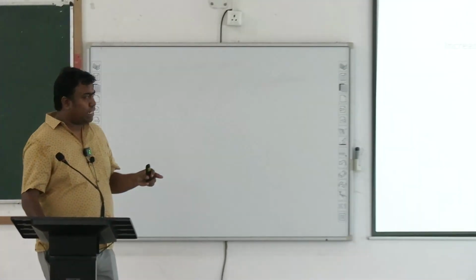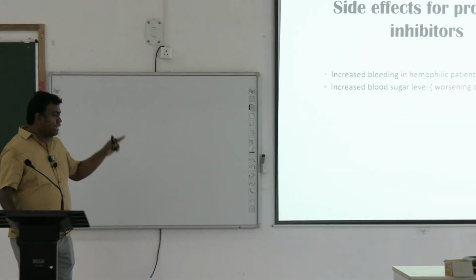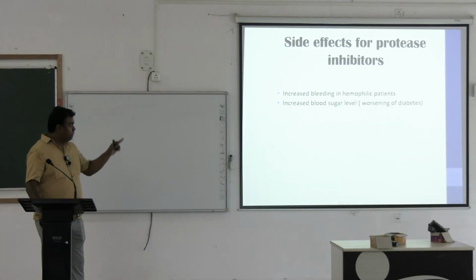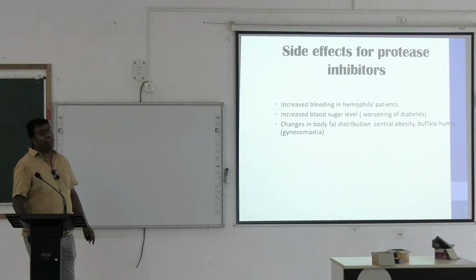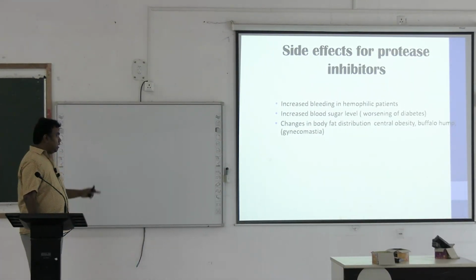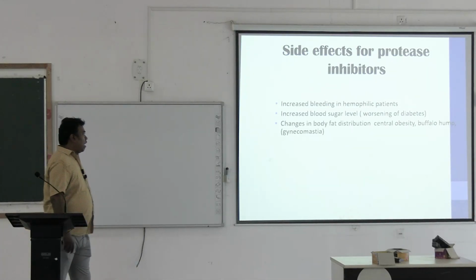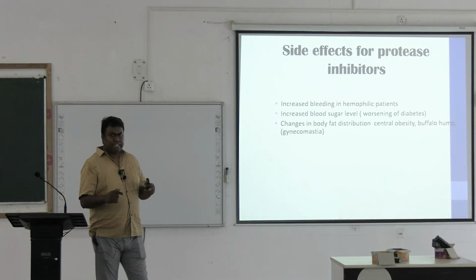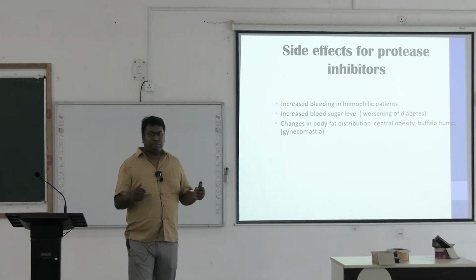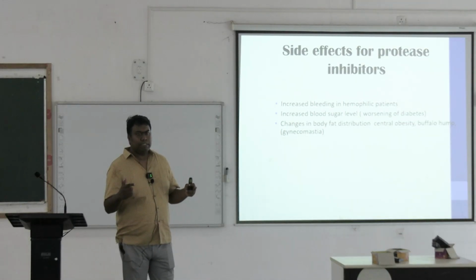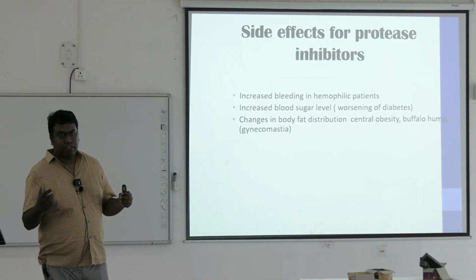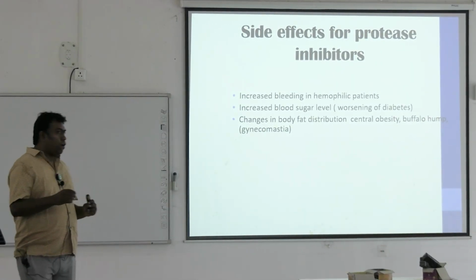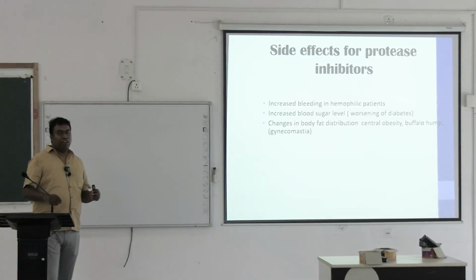Side effects: increased bleeding time, especially in hemophilic patients; increased blood sugar level, which may precipitate or worsen diabetes; changes in body fat distribution, central obesity, buffalo hump, gynecomastia. Is there any other drug that can cause this type of symptom? Steroids can also cause central obesity and buffalo hump.